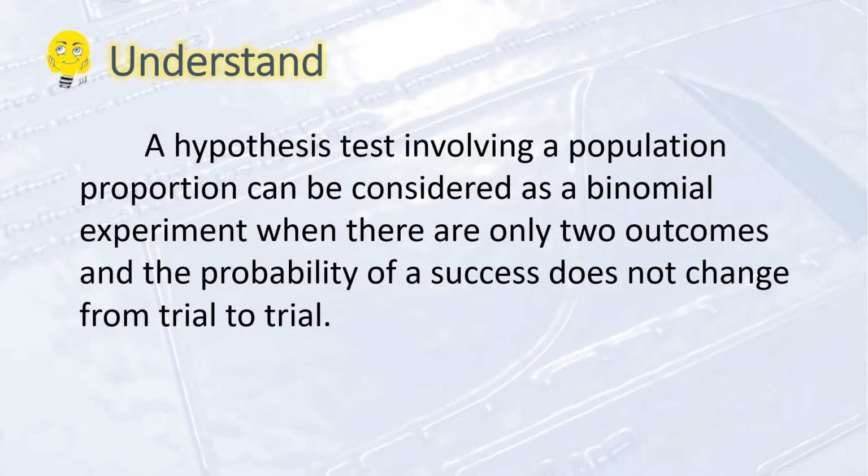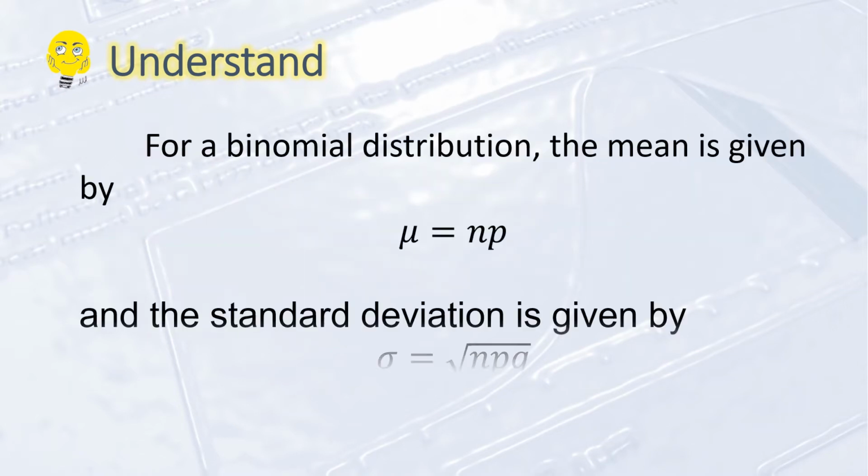A hypothesis test involving a population proportion can be considered as a binomial experiment, when there are only two outcomes and the probability of a success does not change from trial to trial. For a binomial distribution, we may recall that the mean is given by mu is equal to the product n times p, where n is the number of trials and p is the probability of a success.